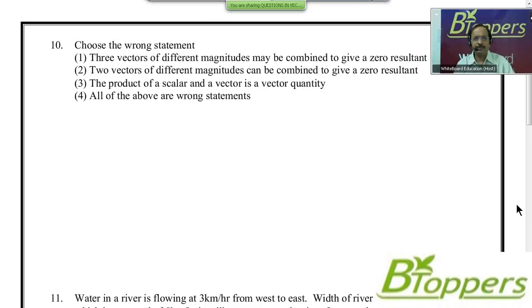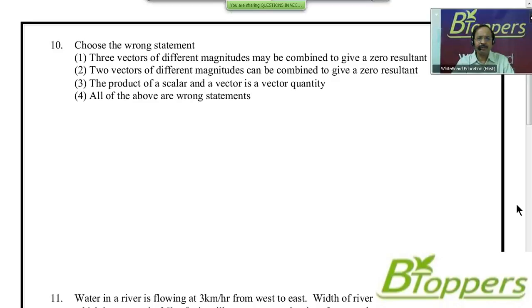See the next question, question number 10. Choose the wrong statement. Statement 1: three vectors of different magnitudes may be combined to give a zero resultant. Second option: two vectors of different magnitudes can be combined to give a zero resultant.